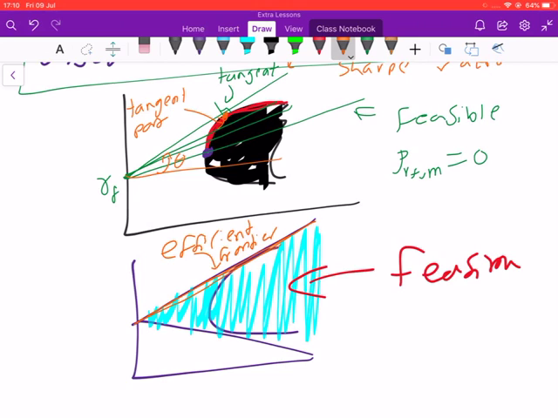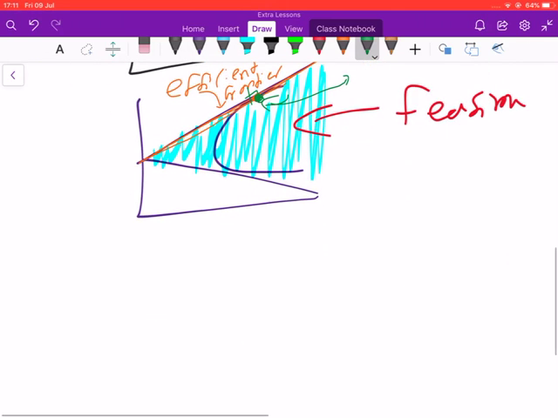You are trying to find that line by finding this portfolio over here. We're going to call it the tangent portfolio, where they will touch at a tangent.